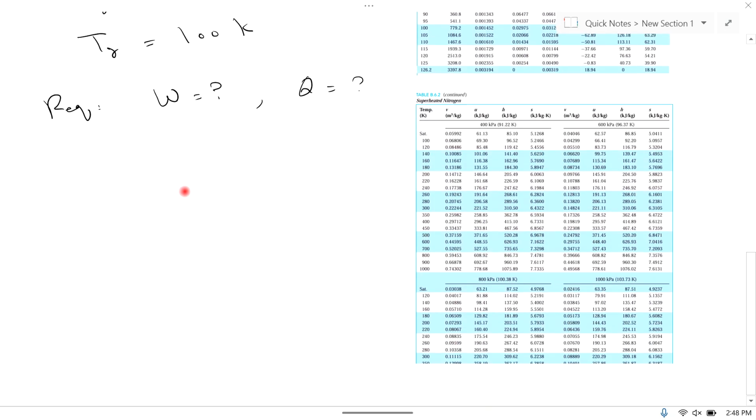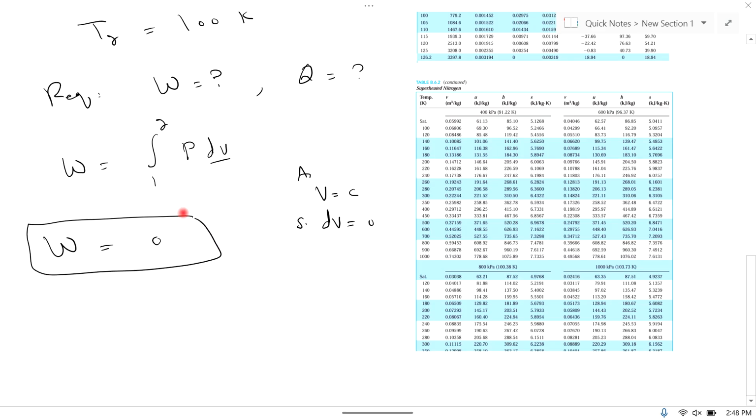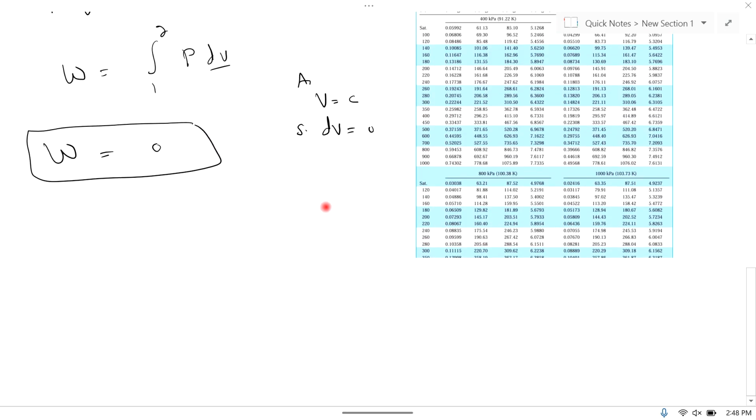So as we know, work is equal to the integral from 1 to 2 of P dV, and volume is constant. So change in volume V2 minus V1 is equal to 0. So work done is equal to 0. For a constant volume process, work done will be 0.